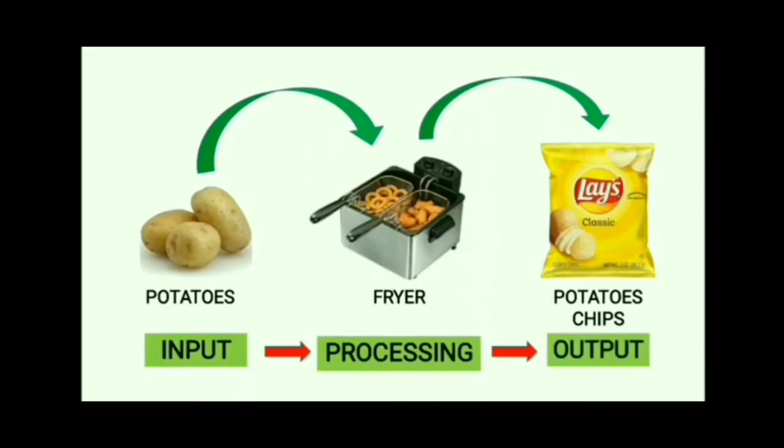So children, in both the examples we have a process. First we use the input, then we process the input, and after that we get an output. This is the way we get output from an input after processing.